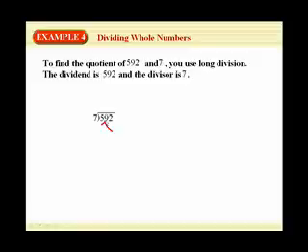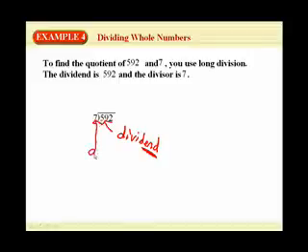This number right here is called the dividend. And I always say dividend in because it's in the box. Dividend, in, dividend. And then the 7 is called the divisor. That's what we're dividing by. So that's how many people or how many things you need something split up into.